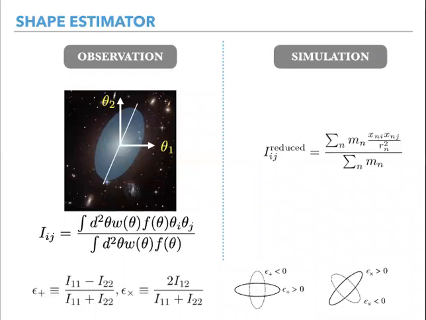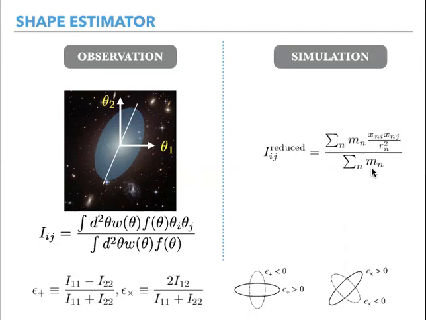As I mentioned before, typically in observation, the shape of the galaxy is characterized by the light distribution, and it's weighted by a certain weight, shown by the W here. And in simulation, people typically use the stellar particle distribution to measure the inertia tensor.